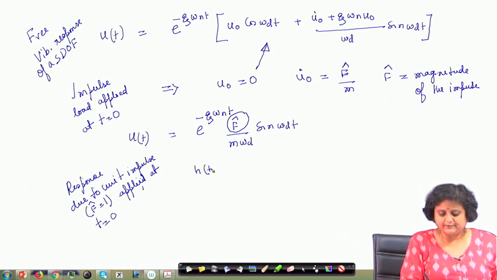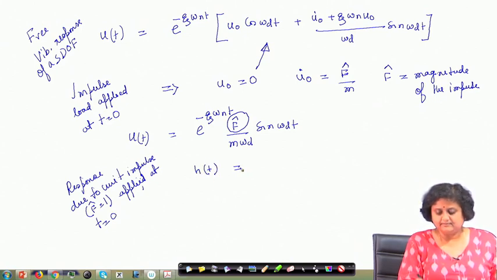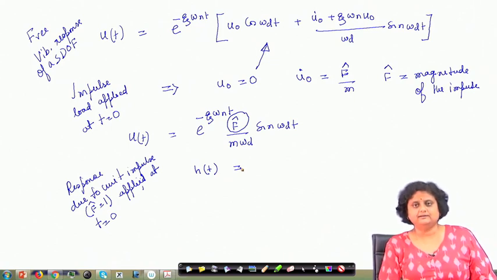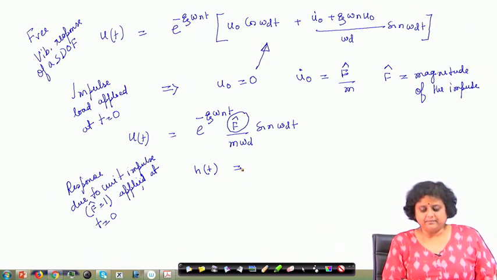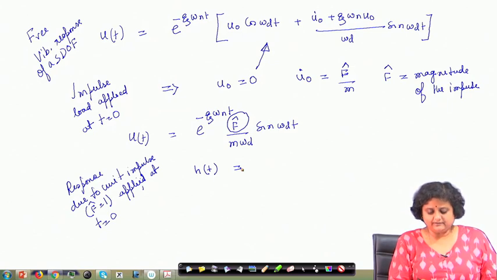As I said before, h(t) is the symbol used to represent the unit impulse response or impulsive response.